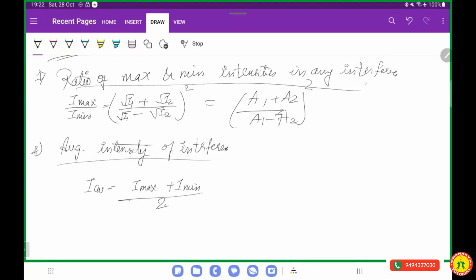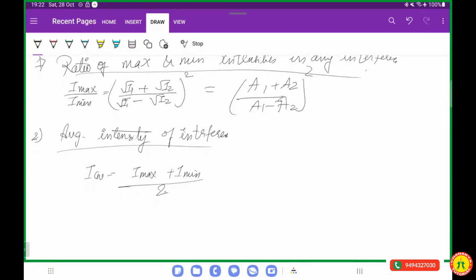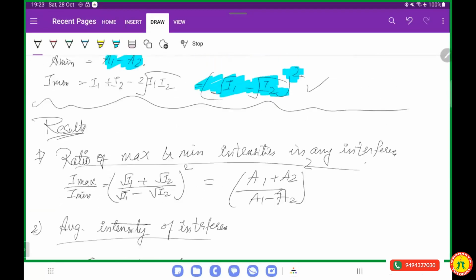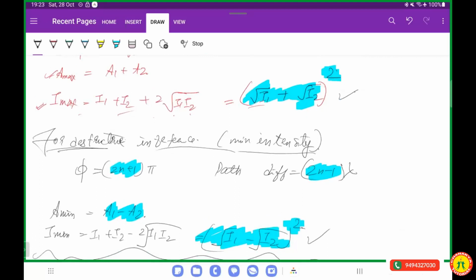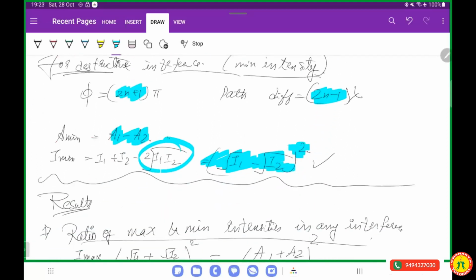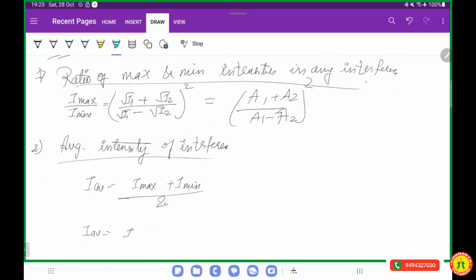So if I substitute the I max value and I min value and divide by 2, I can get I average equals, so this will get cancelled and this will get cancelled. This both will get cancelled. 2I1, 2I2, that means below also 2, so 2 will get cancelled. So we are left with I1 plus I2.